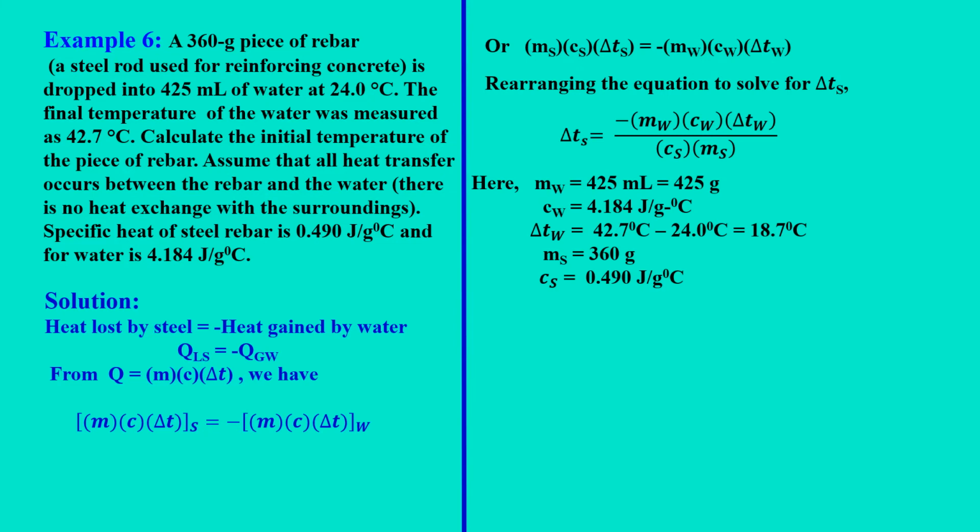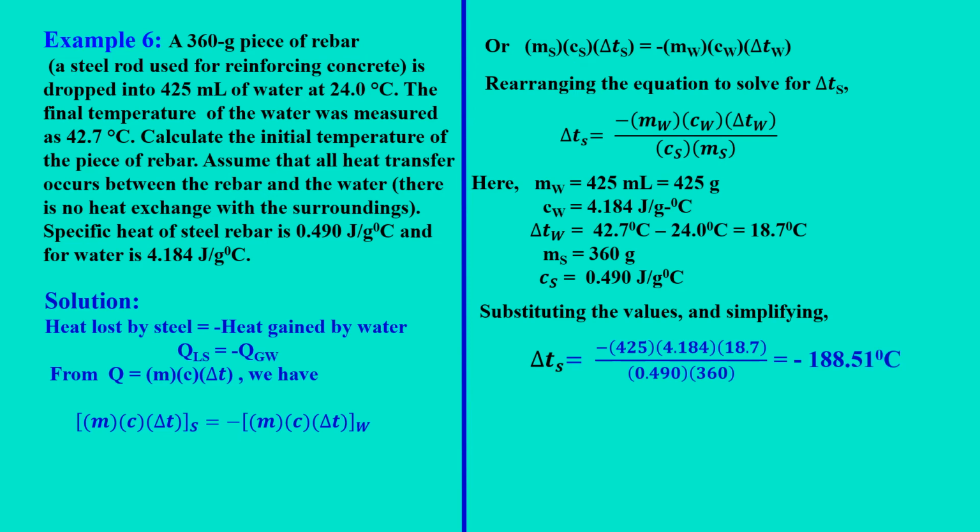The mass of the steel rebar is 360 grams and the specific heat of the steel rebar is 0.490 joules per gram per degree Celsius. So, substituting the values and simplifying, we get delta T sub S equals negative 188.51 degrees Celsius.